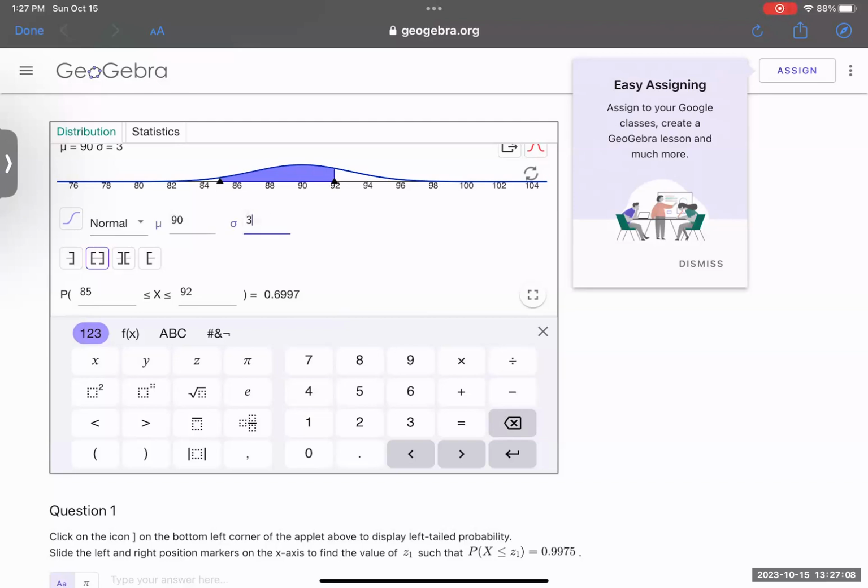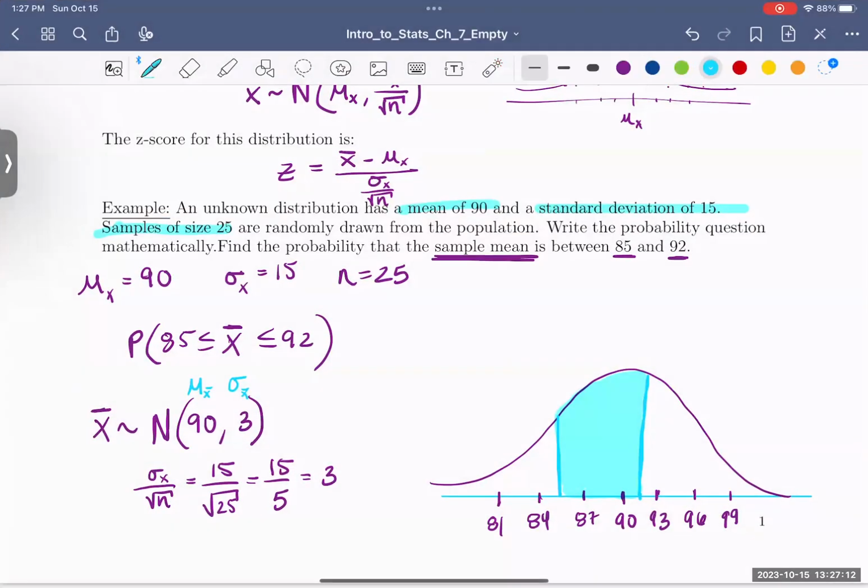We know that this result down here, 0.6997, is for the sample mean, because we used the mean and standard deviation that go along with the sample mean, which we had to calculate ourselves. So that's how the sample mean is going to work.